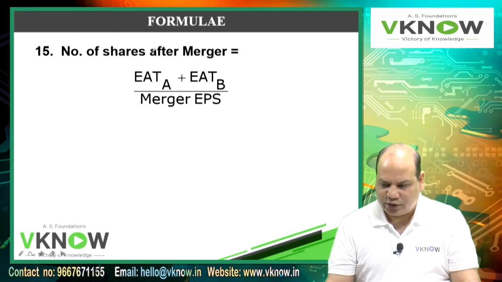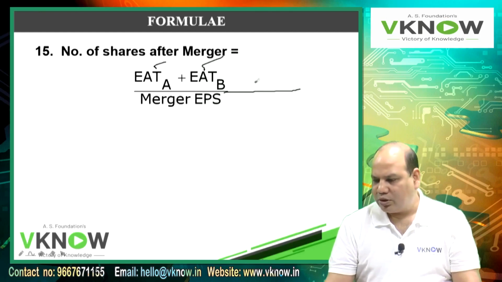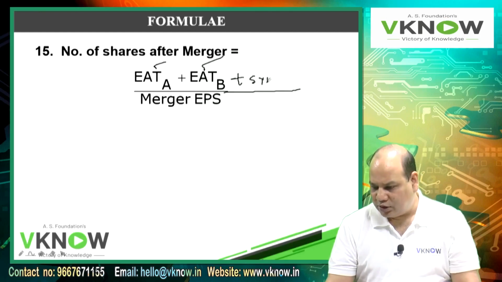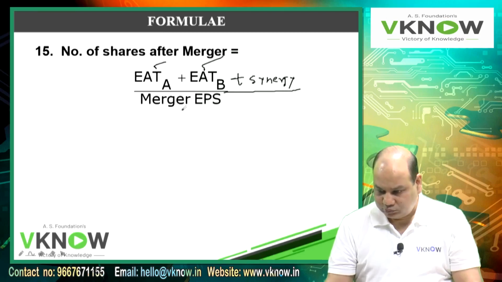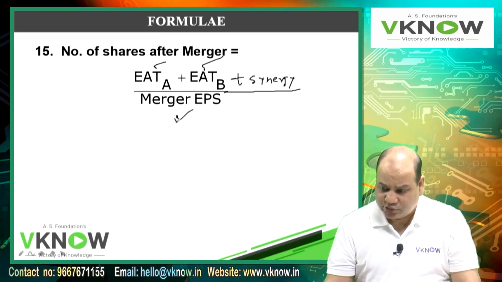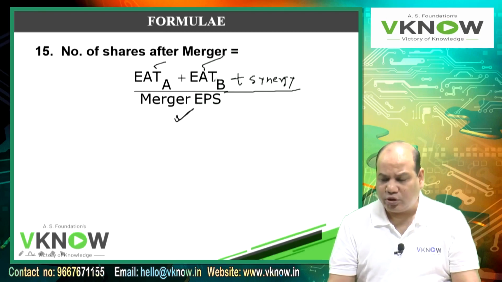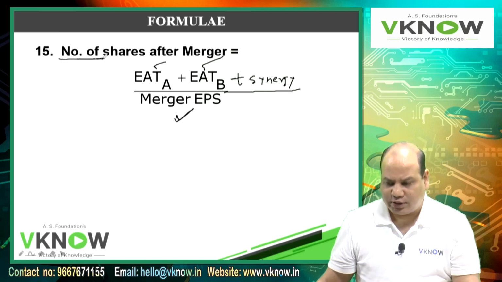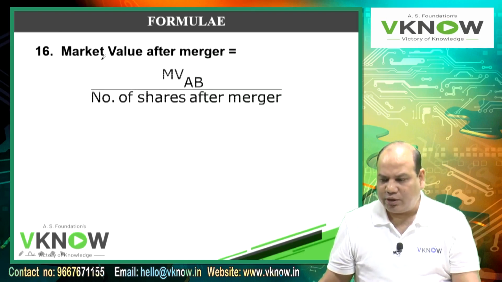Earnings after tax of A is given, plus earnings after tax of B is given, and possibly synergy gain is also given. Post-merger EPS is given. So can I not do the reverse working and find out the number of shares? Yes. Market value after merger, the post-merger market price, is very easy: total market capitalization after merger divided by total number of shares after merger.